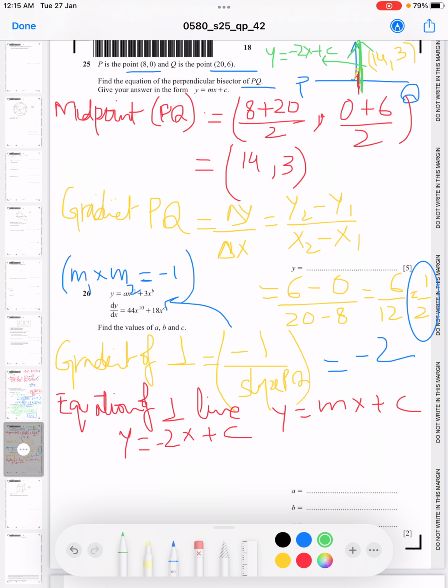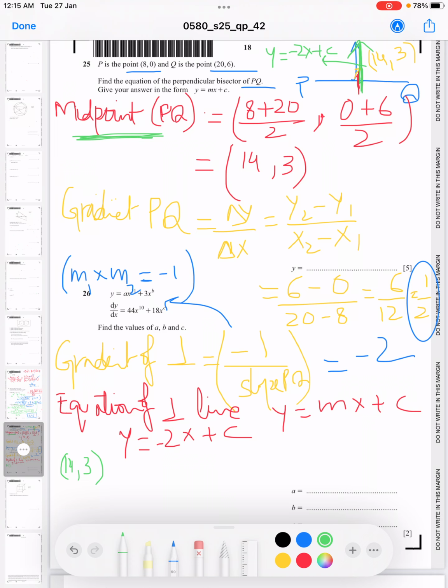Students, focus on my statement. The midpoint, these points that we calculated, lie on the perpendicular bisector, right? So these points must follow the equation, right? So it means we should put it in the equation. What are the points? (14, 3).